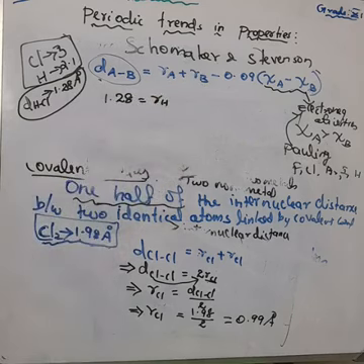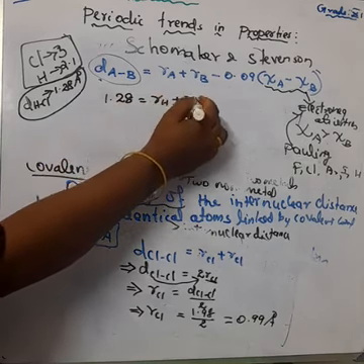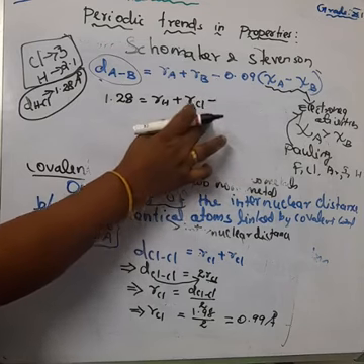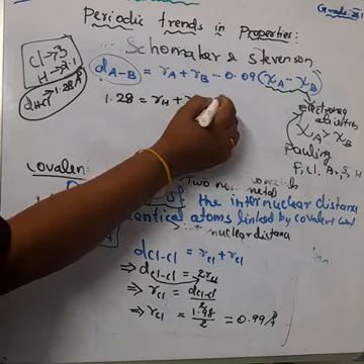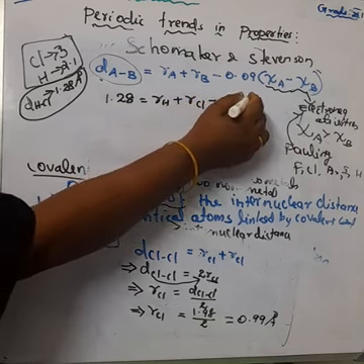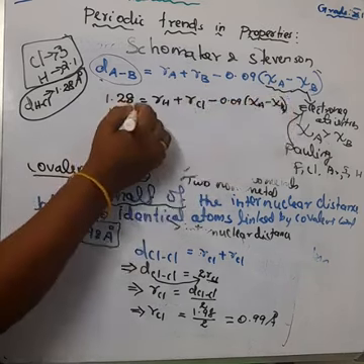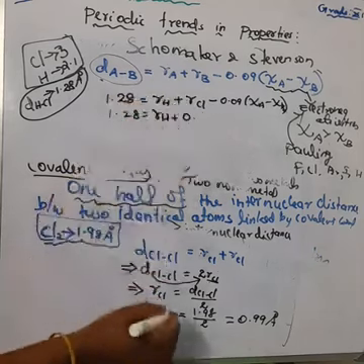R_B means the covalent radius of the chlorine atom. The covalent radius of chlorine, we calculated, is 0.99 Angstrom. So we have to calculate the covalent radius of the hydrogen atom.